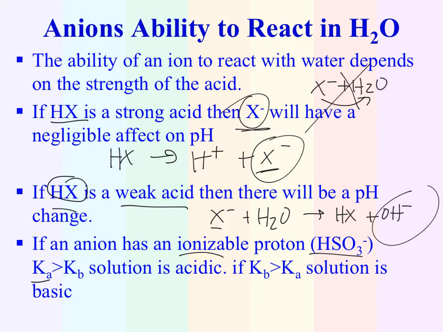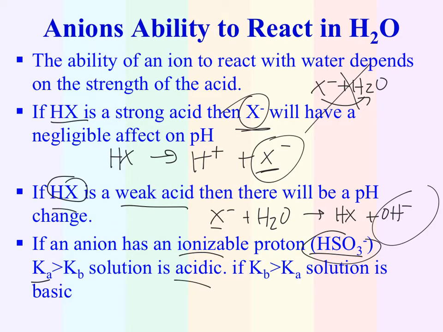If we look up our Ka and Kb values and find that Ka is bigger than Kb, then the solution is going to be acidic, because this anion would prefer to behave as an acid. If Kb is greater than Ka, then the solution is going to be basic, because the anion would prefer to behave as a base.